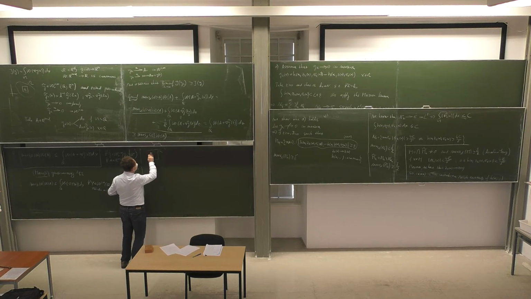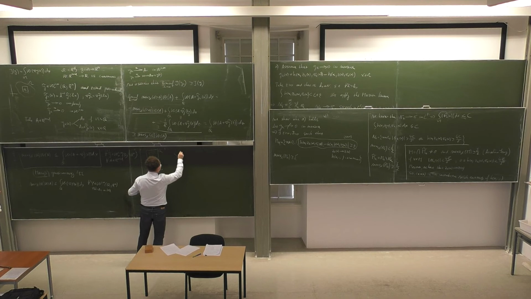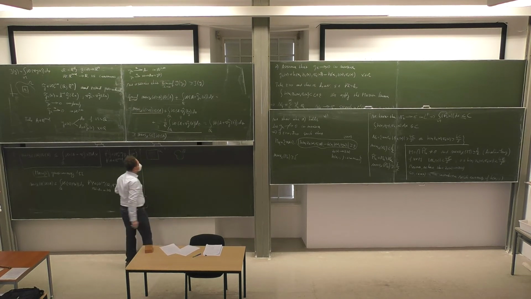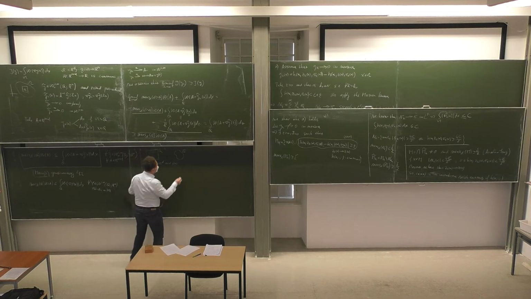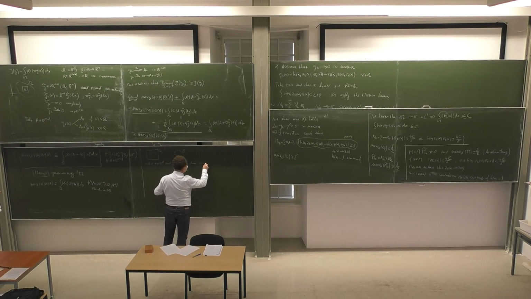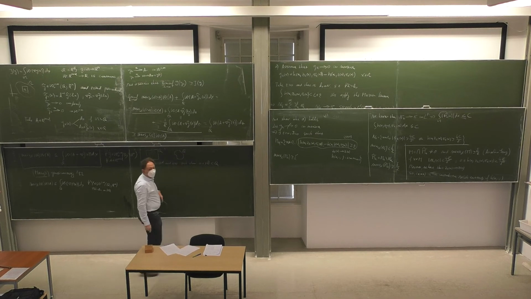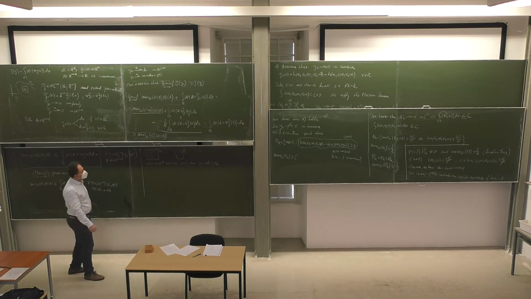So I take a point A in R^d and epsilon positive, small, such that A plus epsilon Q tilde belongs to Q. It's a subset of Q. Q is open, so I can do that, and then I move it here.